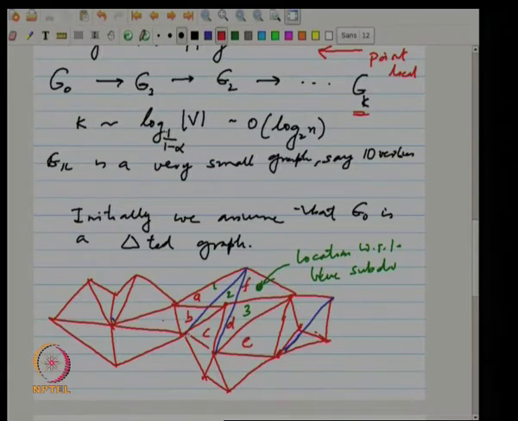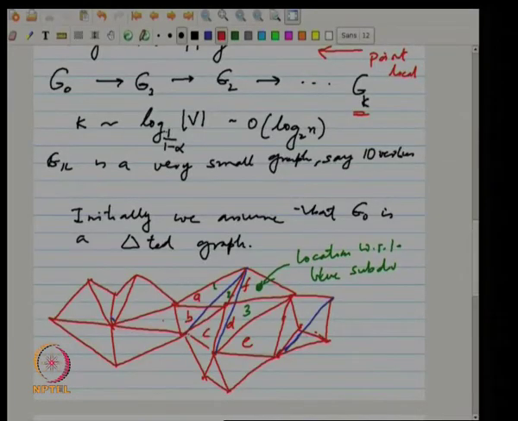I have missed one edge of the red triangle. So, you see there are these A, B, C, D, E, F in the red triangulation, and there are these 1, 2, 3 triangles in the blue triangulation, and all we need to know is how these triangles interact with each other.